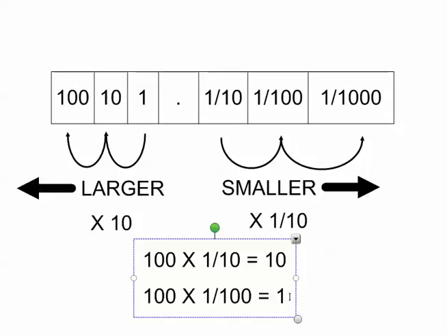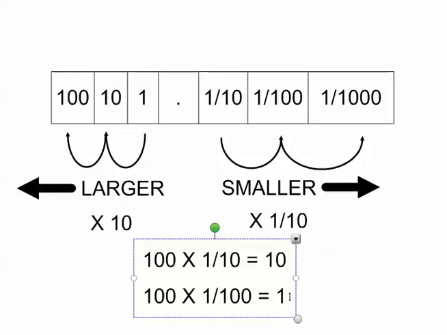So we can see that as we go from 1/10 to 100th, the value is 1/10 of that value, right? Because 1/10 of 100 was 10. Well, let's look at what is 1/10 of the 10. That would be 1, and we found that by multiplying by 1/100.